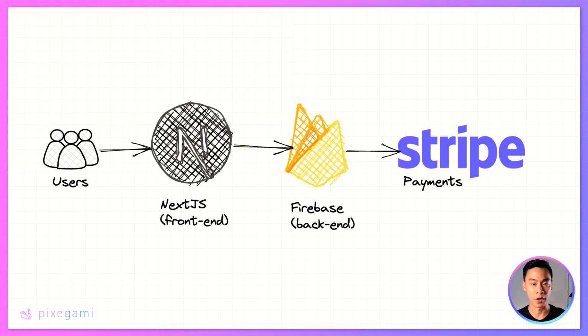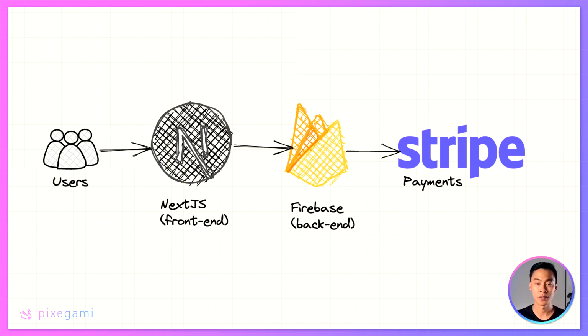So we don't have the front end acting like a middleman between these two services. Luckily, Firebase gives us a really easy way to integrate with Stripe. So we're going to use that, have Firebase connected with Stripe, and then we're going to interact with our payments, our authentication, our backend, everything through Firebase directly from Next.js. So this is what we're aiming to build.